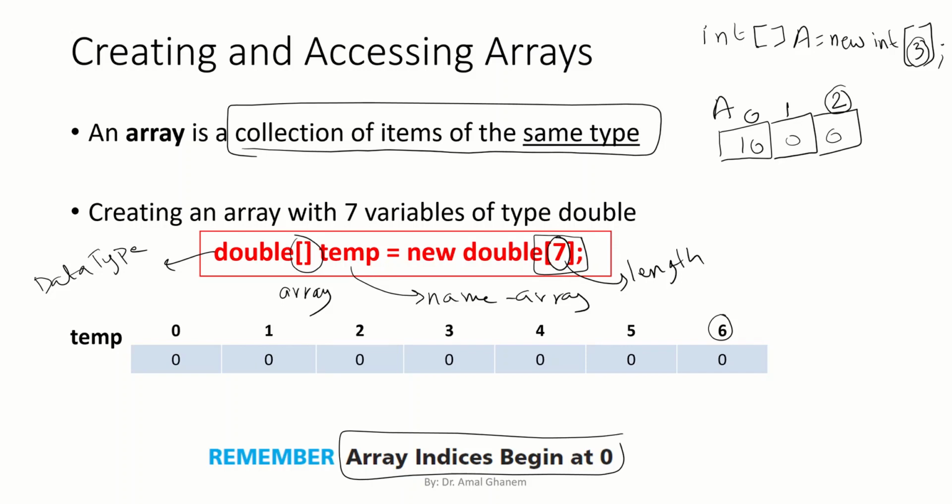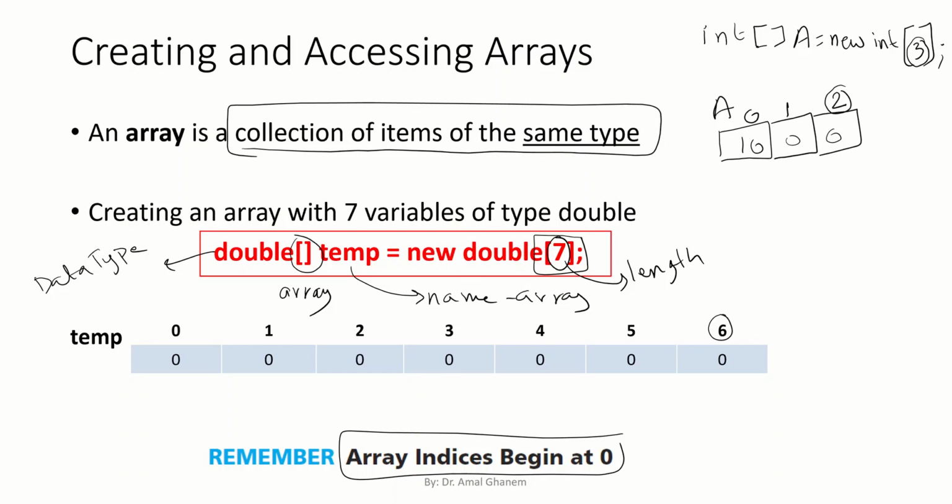So in order to do this, if I simply say a equals 10, this will give us a compiling error. The reason is the compiler will say that a is not a normal variable. A is actually an array. So you have to mention in which location you would like to save 10. So the proper way to do it is this.